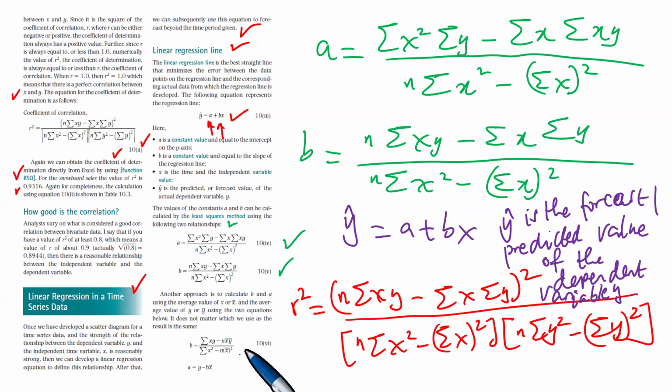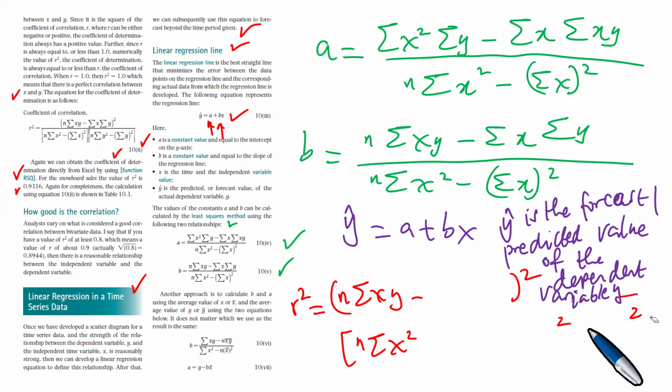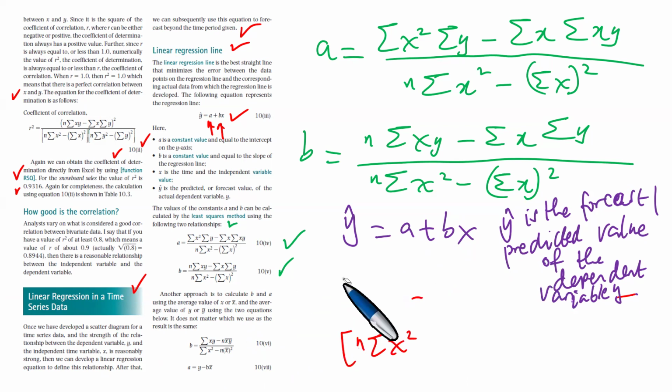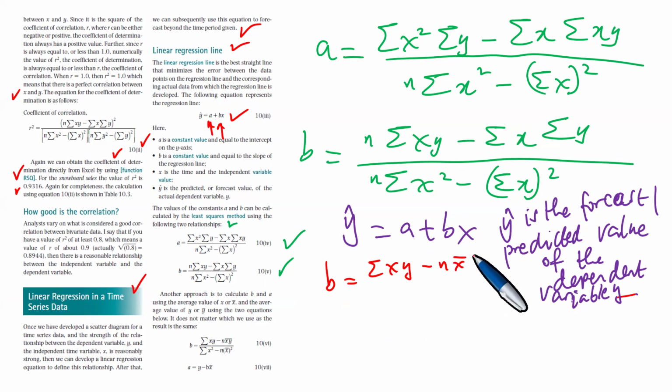So we can use the formulas at the top, but we can also decide that we don't like those formulas and use the ones that use x bar and y bar instead. In that case, our b is the sum of xy minus n x bar y bar, divided by the summation of x squared minus n x bar squared.